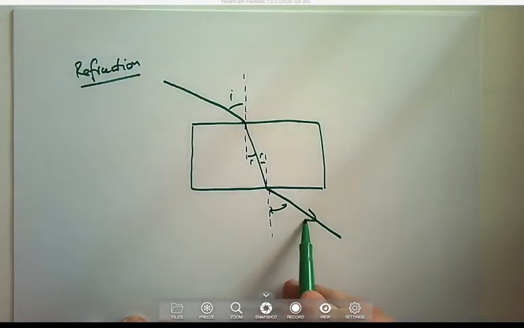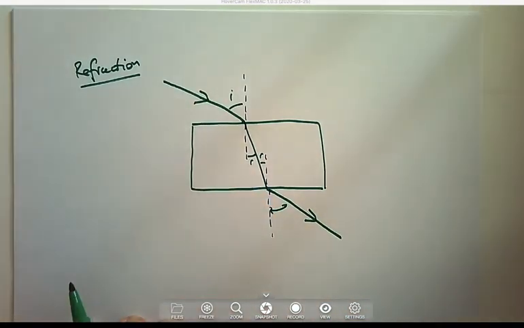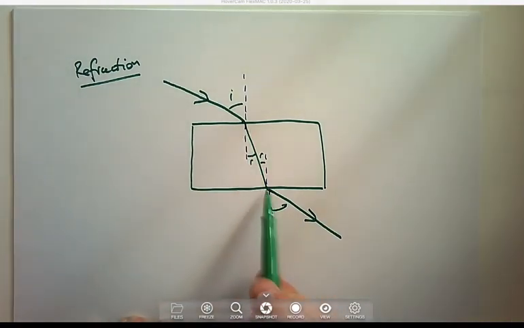So the beam of light is doing that. Now the question is, why does it go at a different angle?